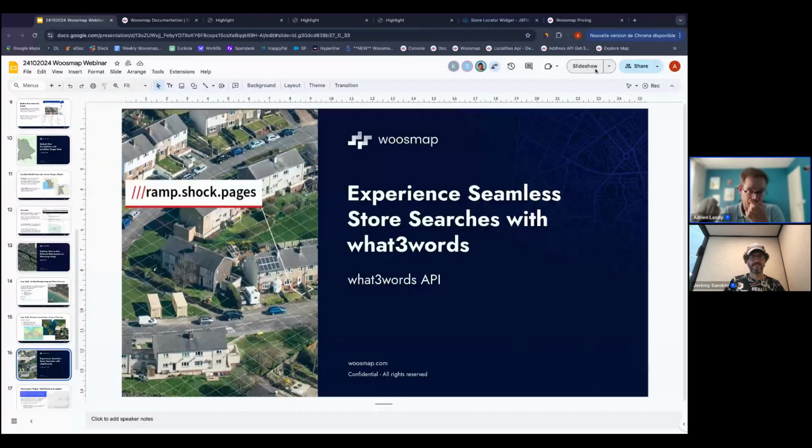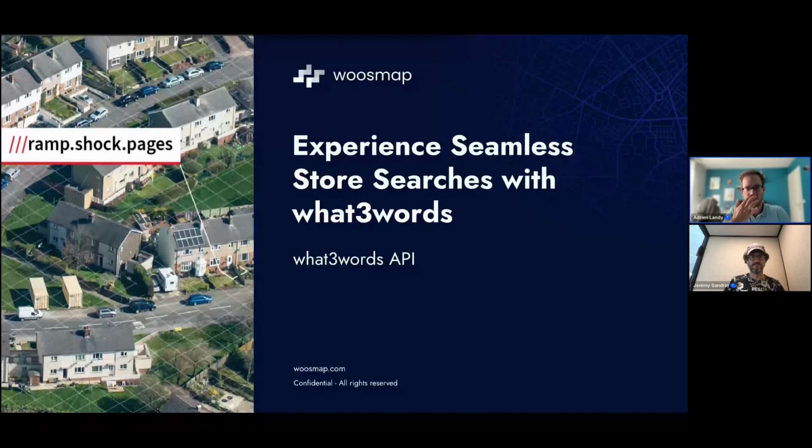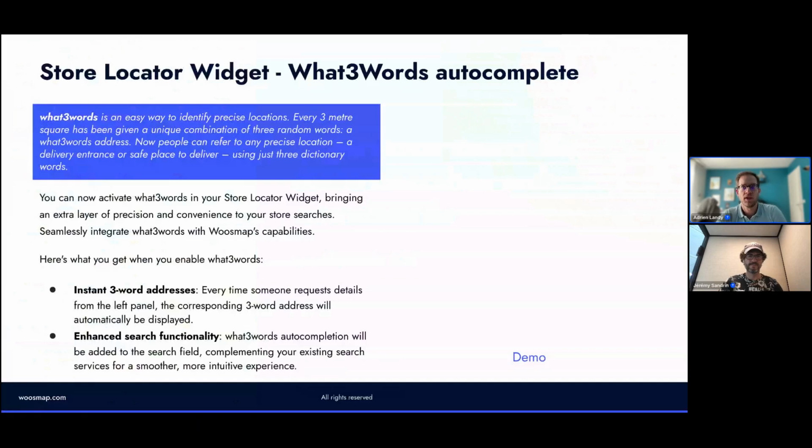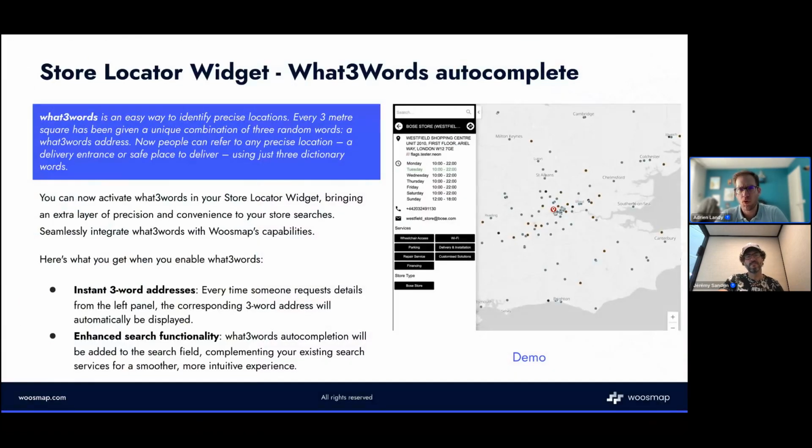Yeah, last topic. We will see how to explore and search stores thanks to what3words, totally integrated into the Woosmap store locator widget. So maybe just a few words about what3words. Maybe you don't know this solution. It's really an easy way to identify locations around the world.